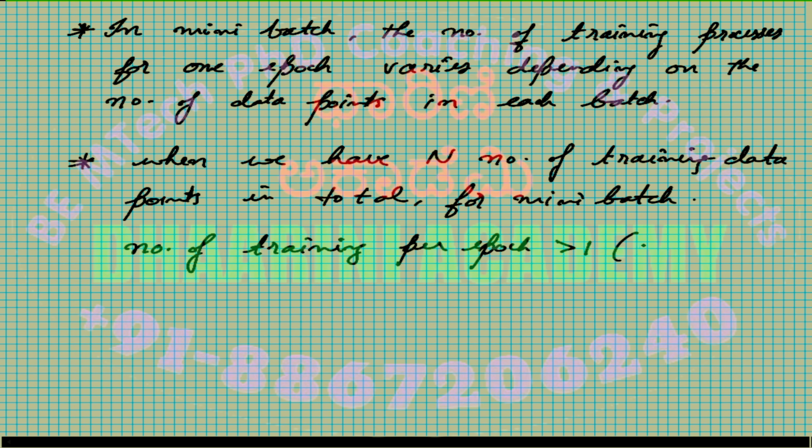So the number of trainings is greater than the batch method, that is for sure. At the same time, the number of trainings per epoch is less than capital N. That's also for sure.